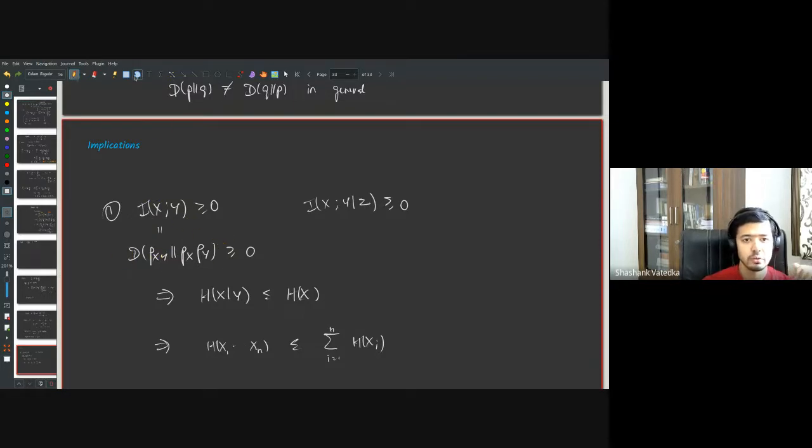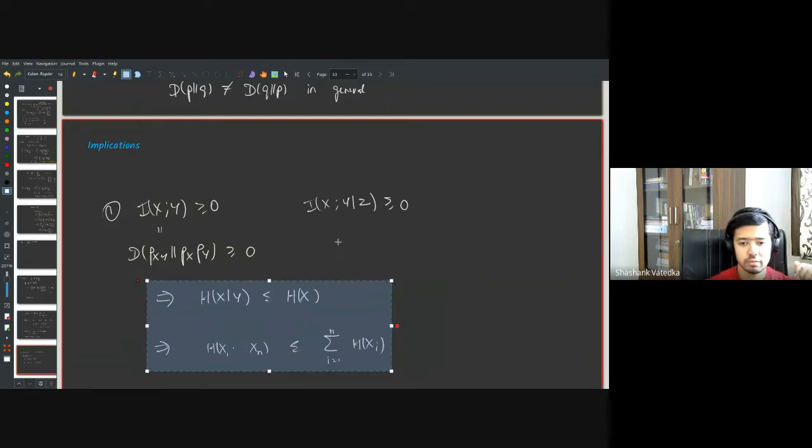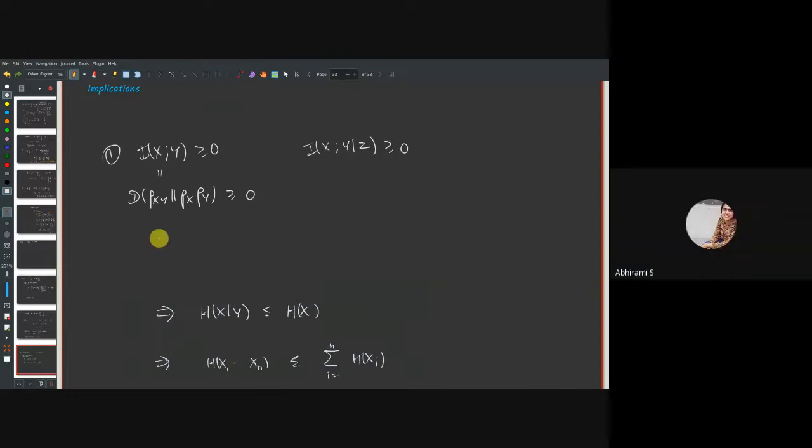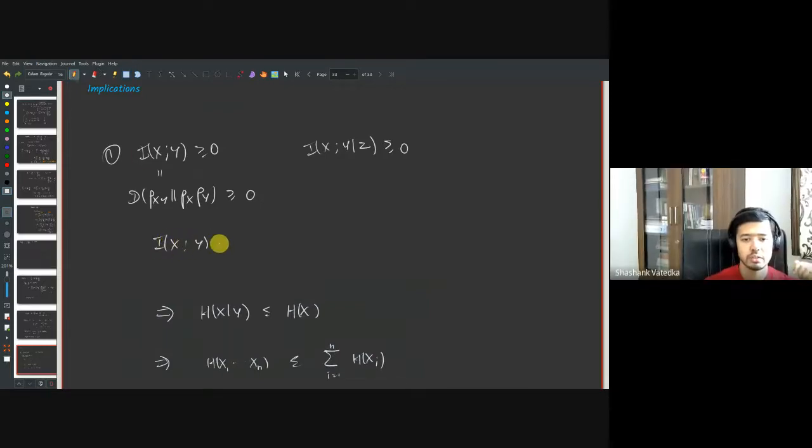And when is mutual information going to be equal to 0? When they're independent. Exactly. So I(X;Y) equals 0 if and only if P_XY(x,y) is the same as P_X(x) times P_Y(y).